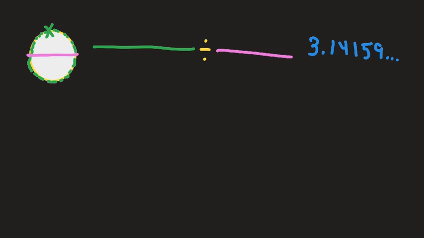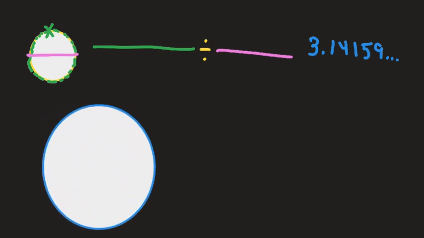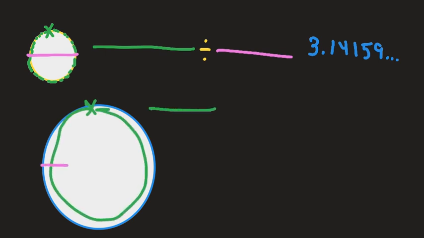Well, that kind of looks like an oval. Let me do it again. I'm going to have a huge circle. If I were to lay some string around this circle, if I were to measure across this circle, the numbers would be bigger, right? This green is going to be bigger than this green. This purple is going to be bigger than this purple.